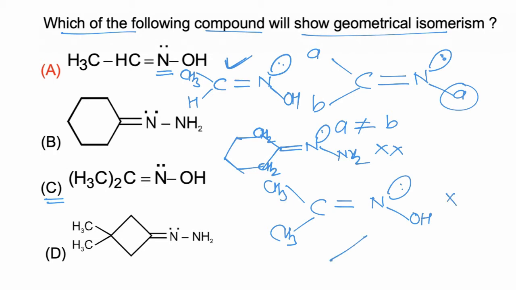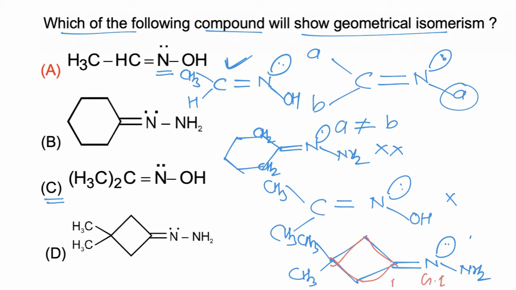In example D, a lone pair and NH2 units are present which are different, but on the left-hand side the units are identical, and hence this molecule will not show GI, and hence the correct answer is A.